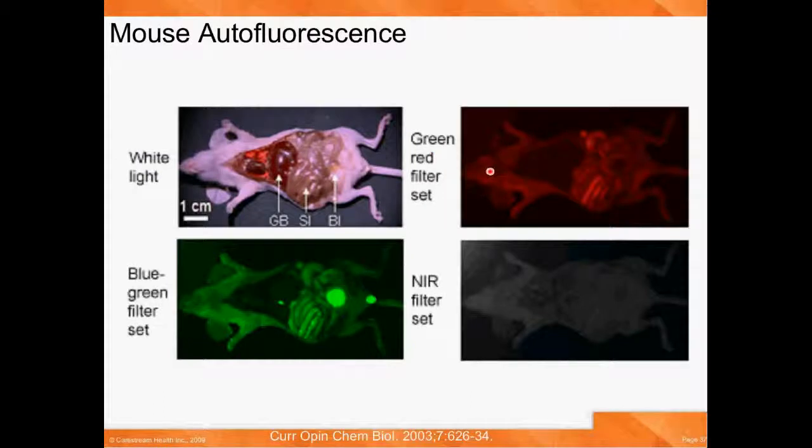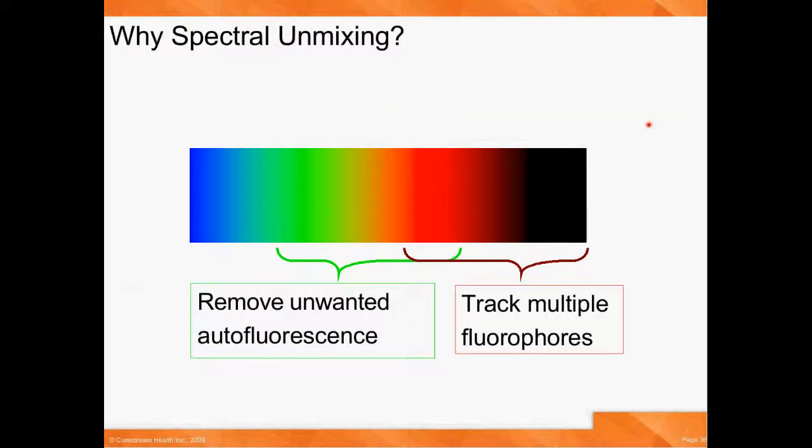As I mentioned before, even in the near-infrared and red, there's still autofluorescence, even though it's much lower than in the blue and green. Thus, whenever you're working in the near-infrared, you can either utilize spectral unmixing to remove autofluorescence or track multiple fluorophores at the same time, or both.